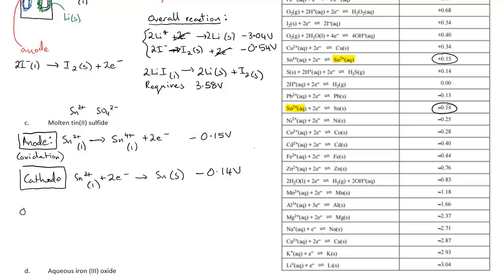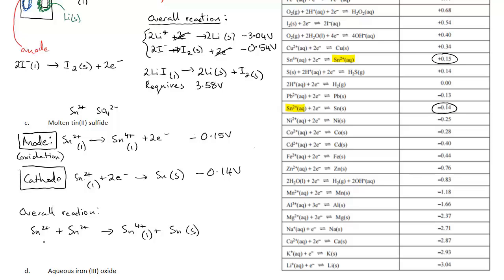And so the overall reaction that takes place is going to be tin 2+ plus another tin down there, which we're going to add in a moment, forms tin 4+ plus tin solid.